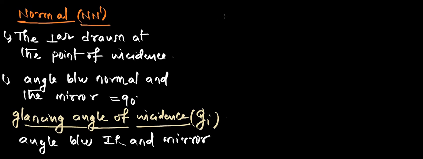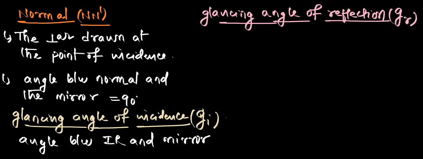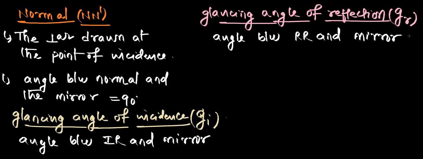Next is glancing angle of reflection: the angle between the reflecting surface and the reflected ray. This is denoted as GR. So this is the angle between the reflected ray RR and the reflecting surface, that means the mirror. Next is angle of deviation. In your textbook it is denoted as delta, but generally it is taken as D also.